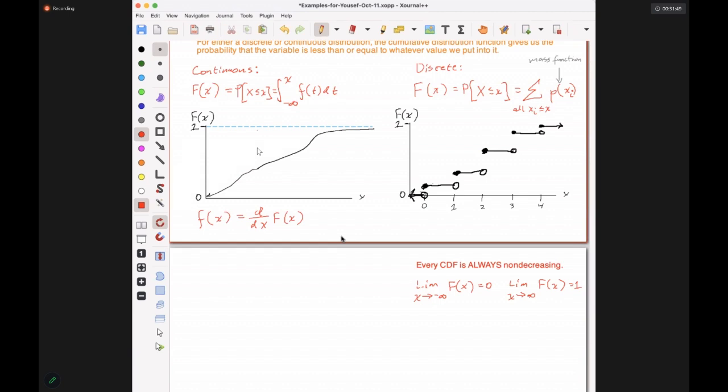And so that's how those two are related. The discrete case, we can't differentiate that. It's just not a differentiable function. But these are very important things to know about these distributions or these functions.